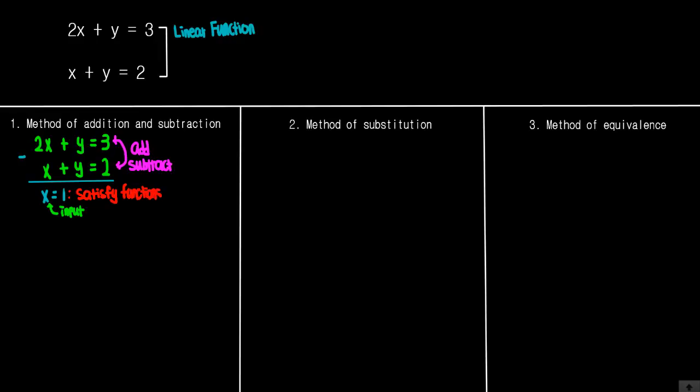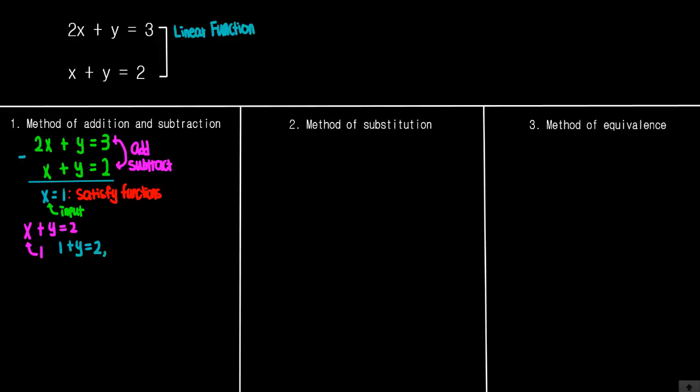So therefore, let's use x plus y is equal to 2 because it looks simple. So there's x plus y is equal to 2. If we input x as 1, we're going to get 1 plus y is equal to 2.